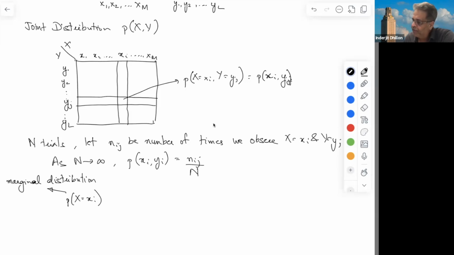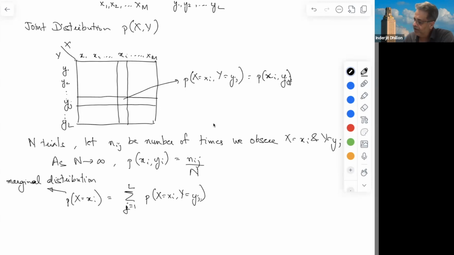That is going to be just a summation. Remember, y takes the values y1 through yl. So I look at P of x equal to xi, y equal to yj, and I sum over j equal to 1 to L. I'm marginalizing over y, and I get the marginal distribution P of x equal to xi.